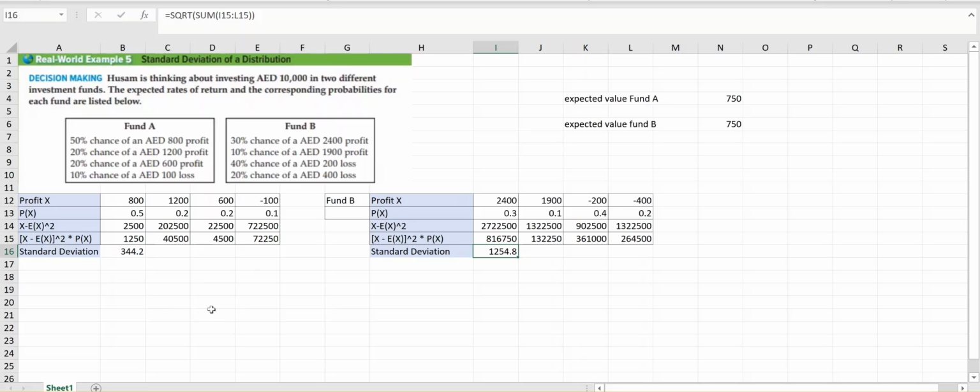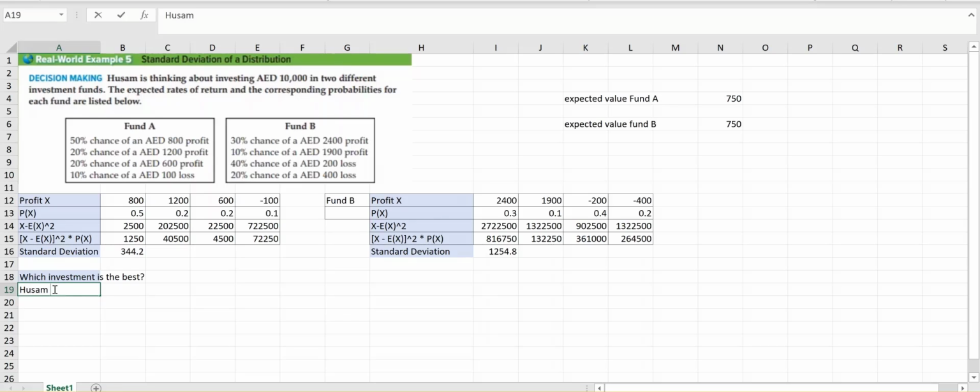Now we need to decide which investment we would choose. Which investment is the best? We need to make a decision. The expected values are equal for both, but because the standard deviation is lower, it means that the risk is lower.